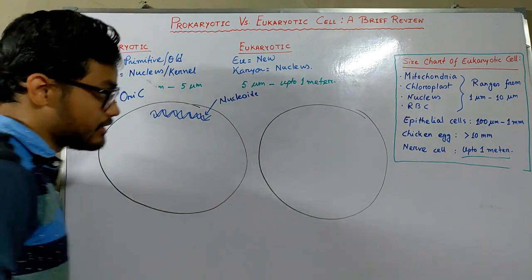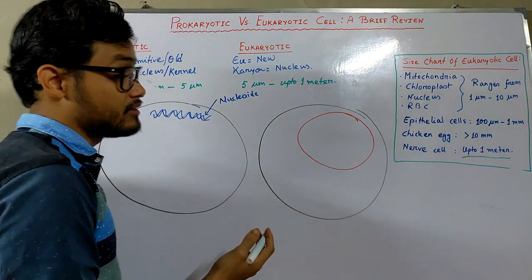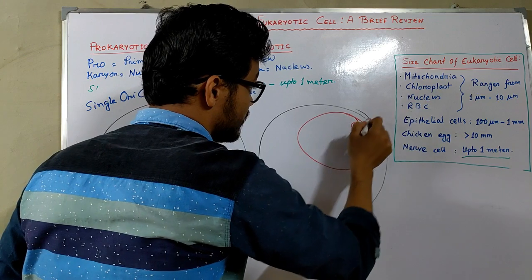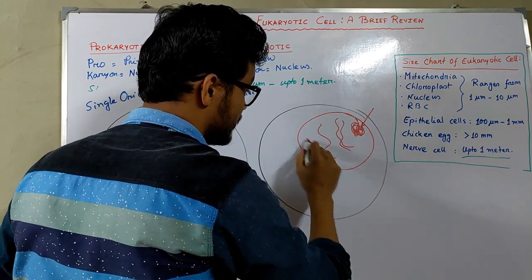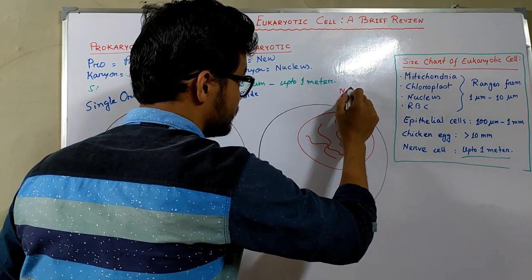But in a eukaryotic cell, we clearly see a nucleus, which consists of the nucleolus, chromatin fibers, nucleoplasm and nuclear envelope.